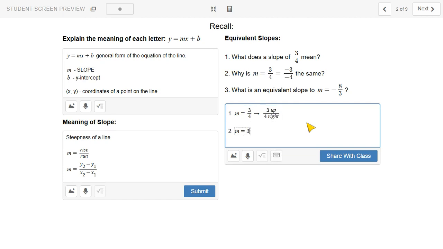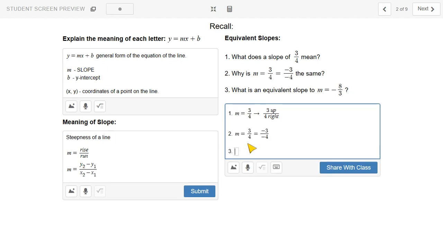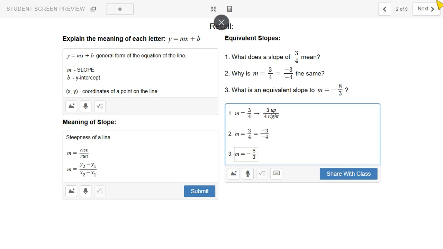If I had 3 over 4, we could say that this is equivalent to negative 3 over negative 4 because algebraically, two negatives will give us a positive number. And so this is how we get the same slope. Finally, another equivalent slope to negative 8 over 3, we could talk about it as negative 8 over 3 or positive 8 over negative 3.